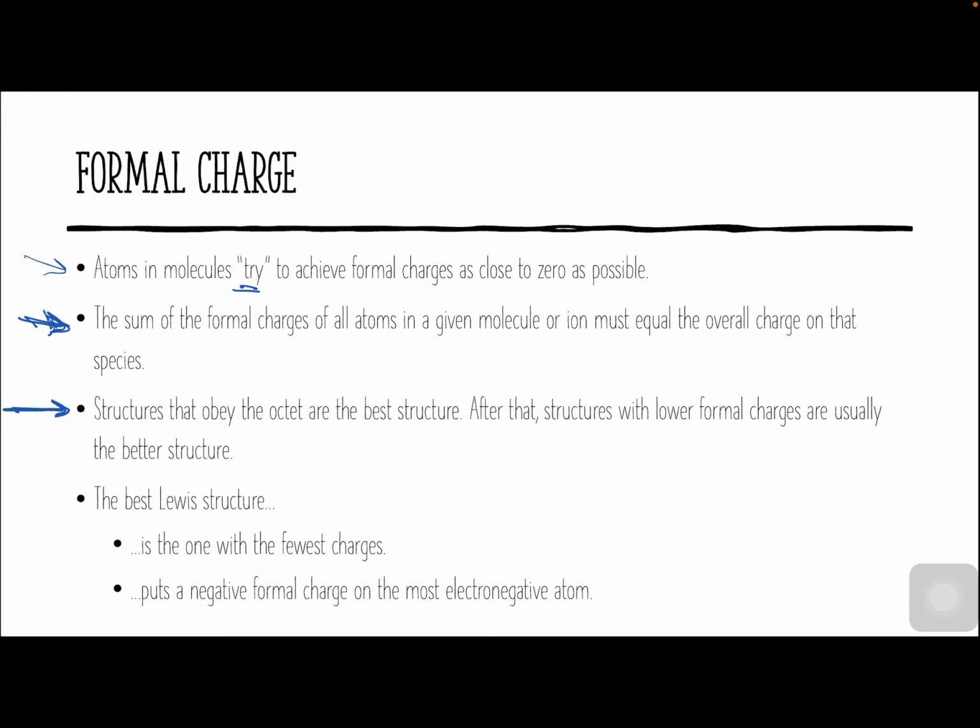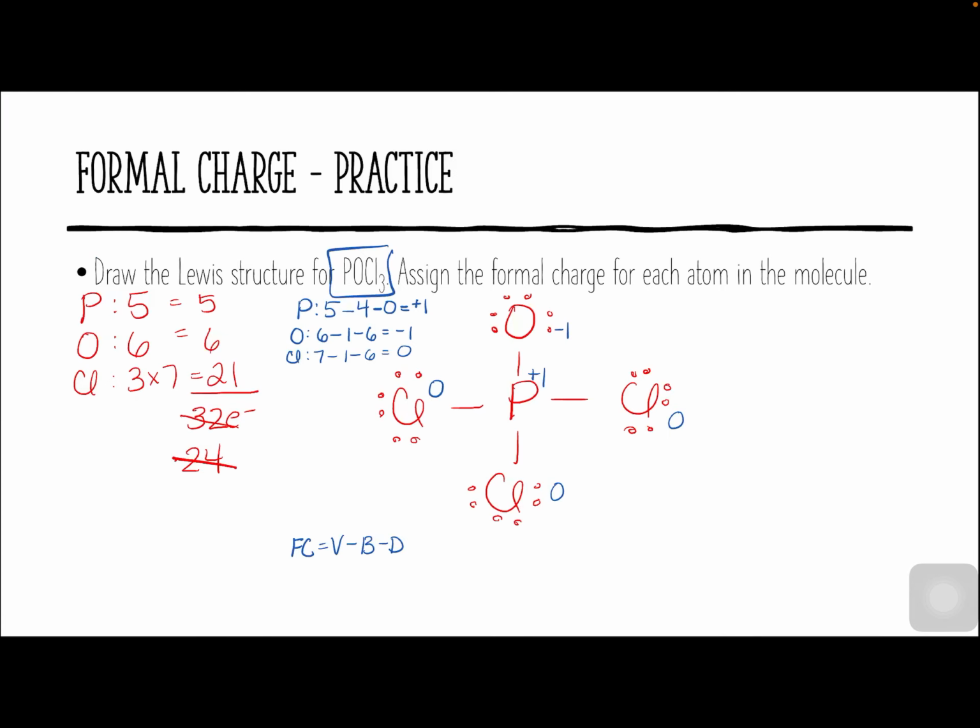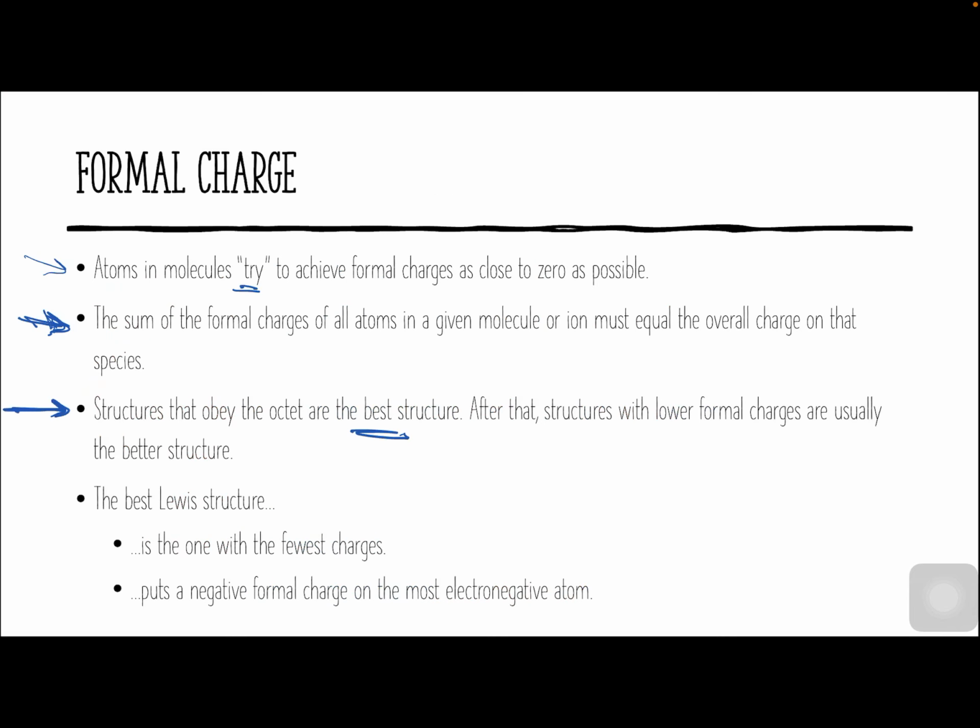Structures that obey the octet are always the best. Okay? So if you have the possibility of expanding the octet on one of these elements, like you could, but when you do formal charges, you always want to go with keeping the octet when possible. After that, if you have to expand the octet, the lower the formal charges, the better.